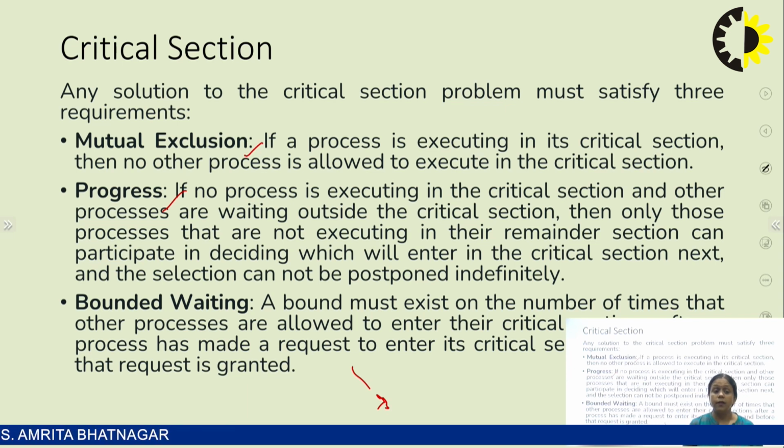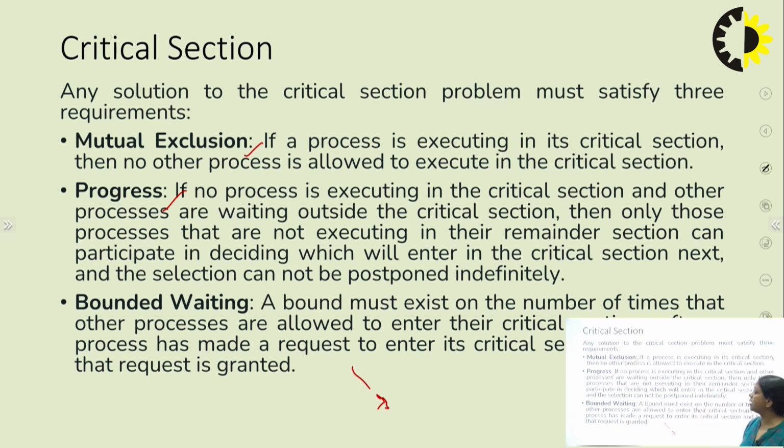So a bound must exist on the number of times that other processes are allowed to enter their critical section after a process has made a request to enter its critical section and before that request is granted. This is known as bounded waiting.